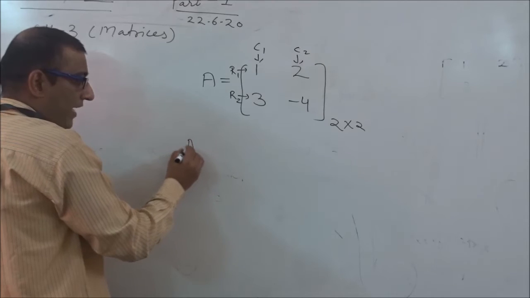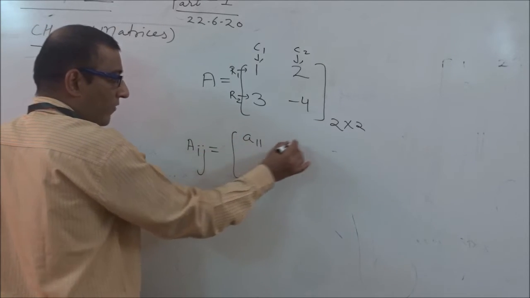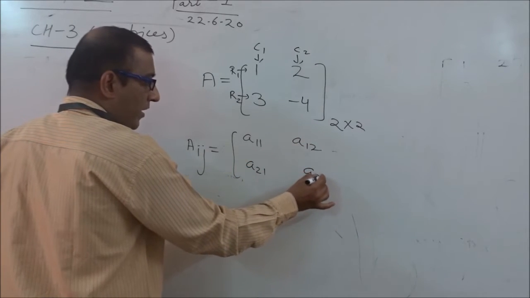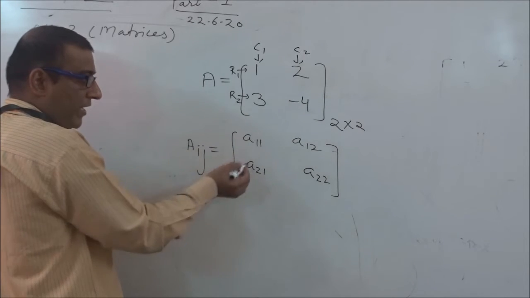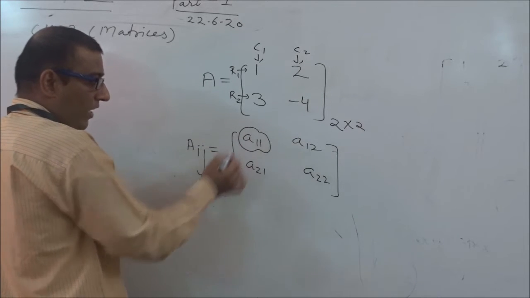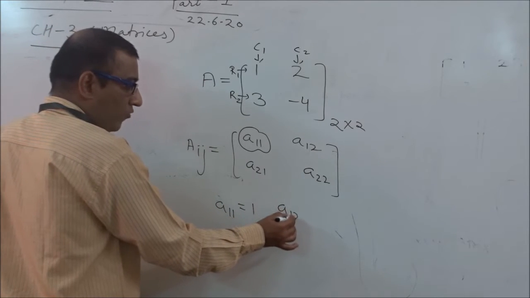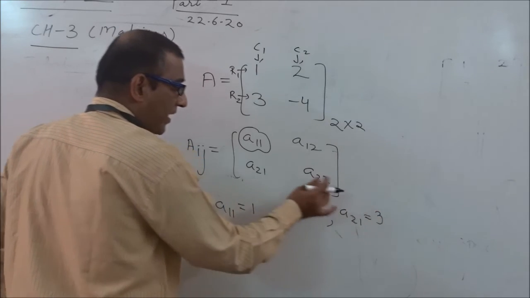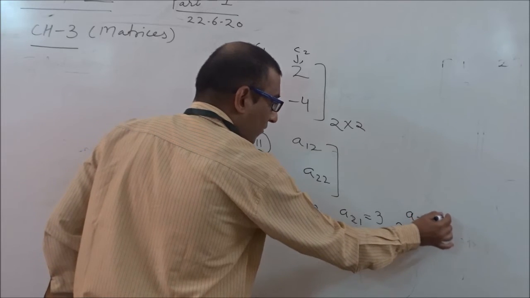It can also be written as A11, A12, A21, A22. When we compare it, we can say the value of small a11 is related with 1, a12 is related with 2, a21 is related with 3 and a22 is related with -4.